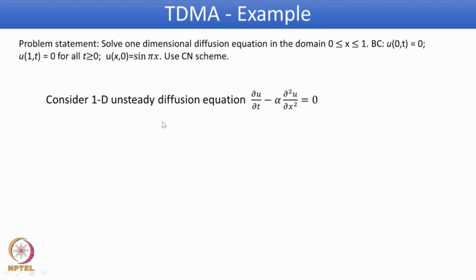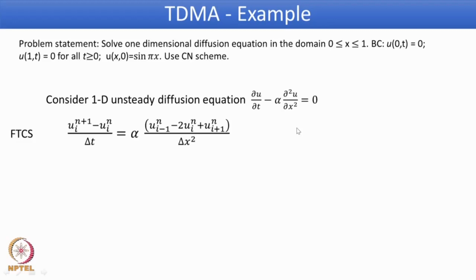So, consider the one dimensional unsteady diffusion equation, dou u by dou t minus alpha dou squared u by dou x squared equal to 0. We know what FTCS is, that is forward in time, central in space. So, we have forward in time for the time derivative and central in space for the second order spatial derivative. And this is an explicit scheme in the sense all the variables are known from the previous time level, that is what is given in the superscript as n.